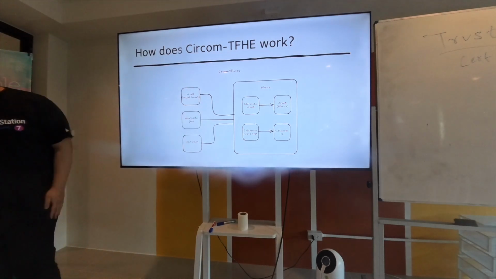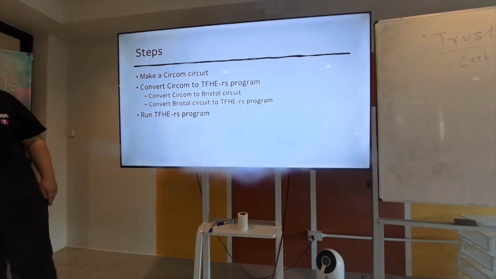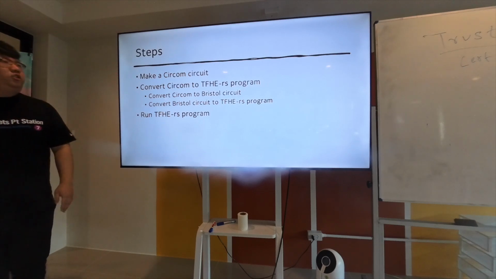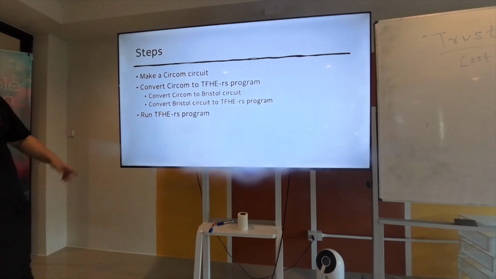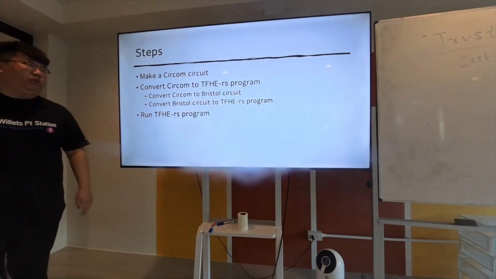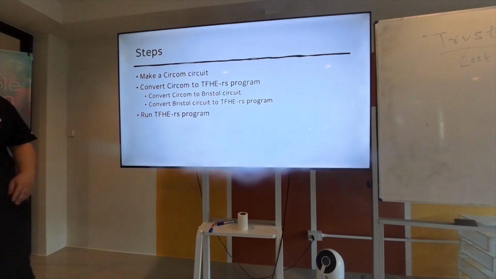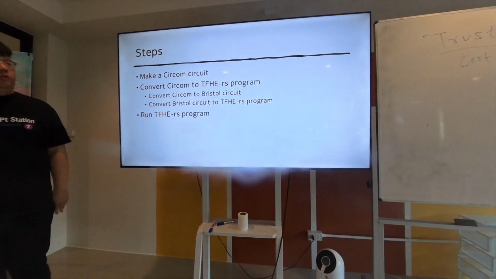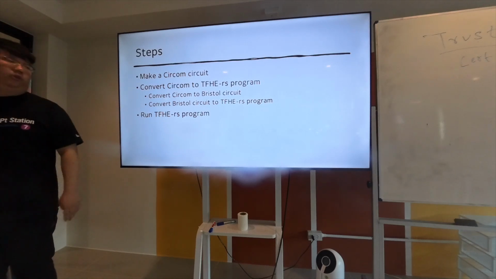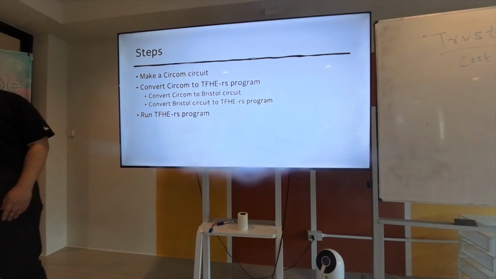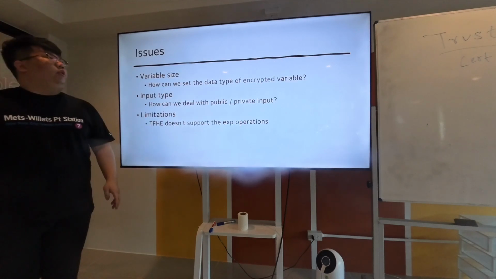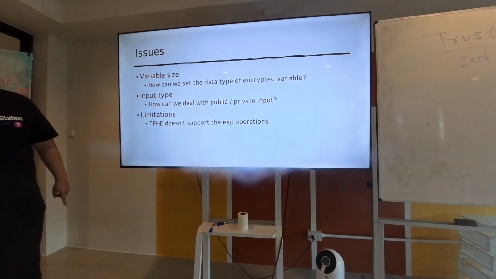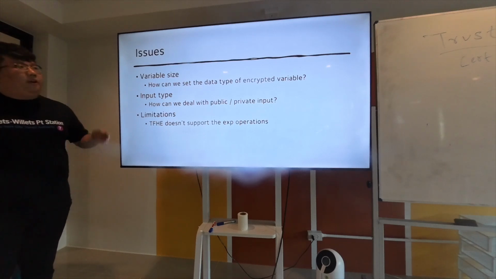We have steps: first, making a Circom circuit, and second, converting Circom to a TFHE-rs program. As I've said, we convert Circom to a Bristol circuit, then convert the Bristol circuit to a TFHE-rs program, and run that program. There were some issues. The first issue was variable size.